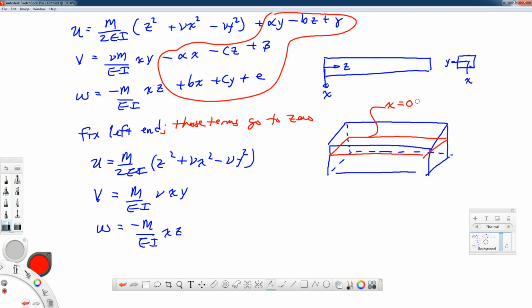The plane of x equal to 0 in the dimensions of the cross section. Now when x is equal to 0, there's no v or w displacement. And that is called the neutral surface. That would be the plane of strain equal to 0.